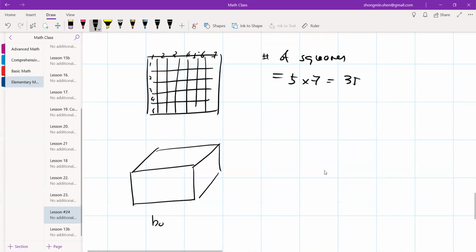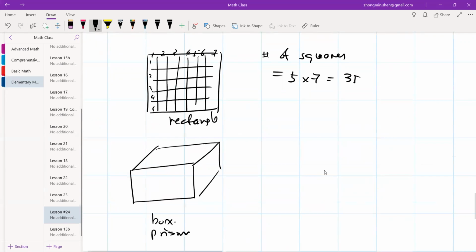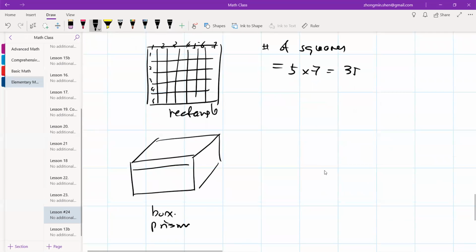And with a similar idea, if you have a box, also called a prism, we try to count how many unit cubes there are.